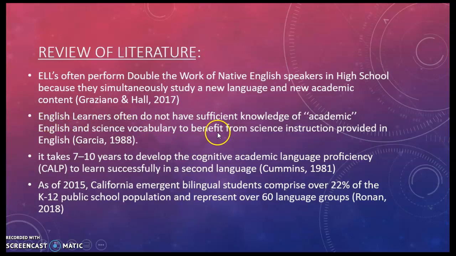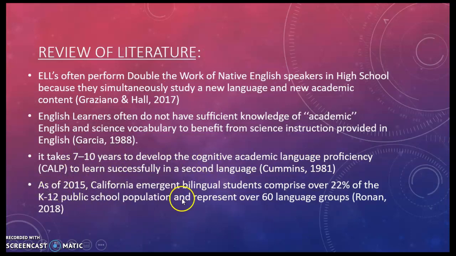Also, English language learners often don't have sufficient knowledge of academic English and science to benefit from science instruction provided in English. And here, this is interesting: it takes 7 to 10 years to develop the cognitive academic language proficiency to learn successfully in a second language. I did not know that, but it's very true. I'm learning Spanish now, and it's incredibly difficult.